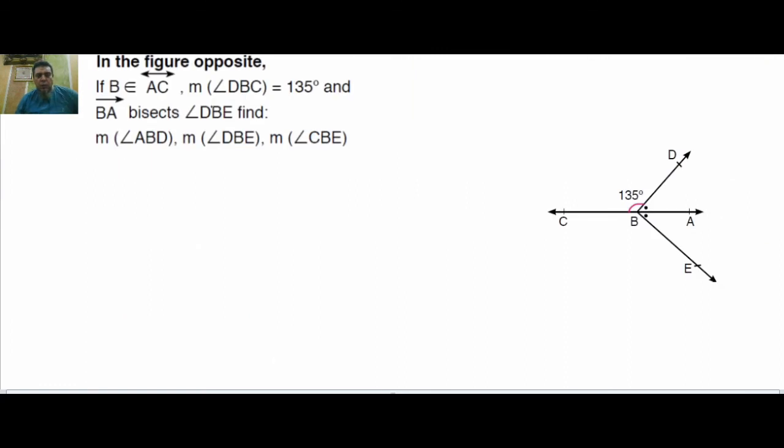In the opposite figure, find measure of angle ABD, DBE and CBE. We find that CA is a straight line, then angle CBA is a straight angle.